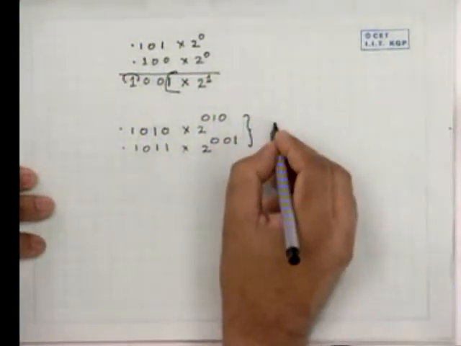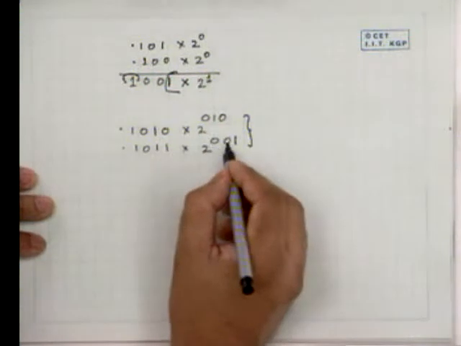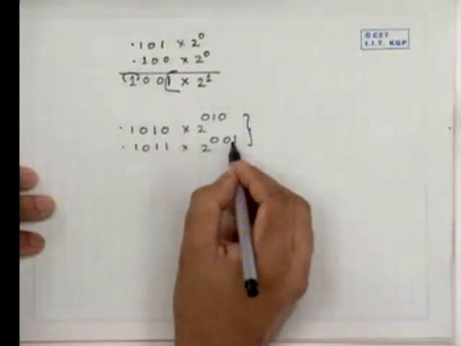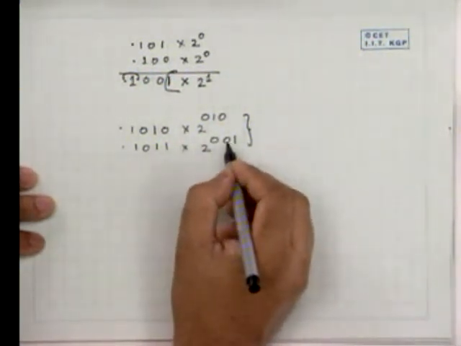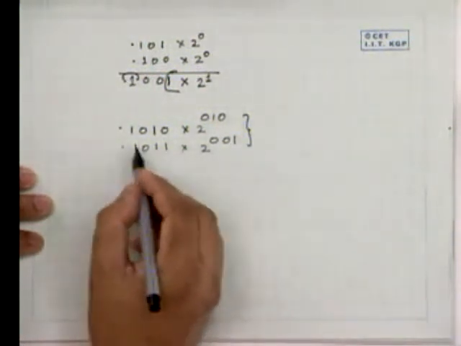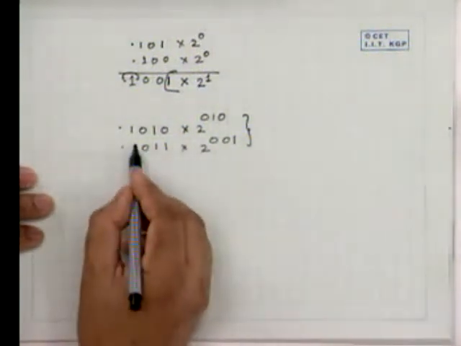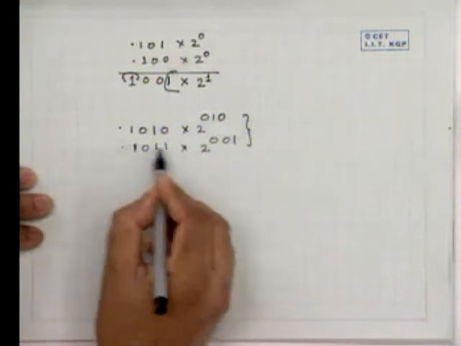We'll have to first align the mantissa, by either increasing or decreasing the exponent. Naturally, the lower exponent has to be changed, and the mantissa of the lower number has to be accordingly aligned.